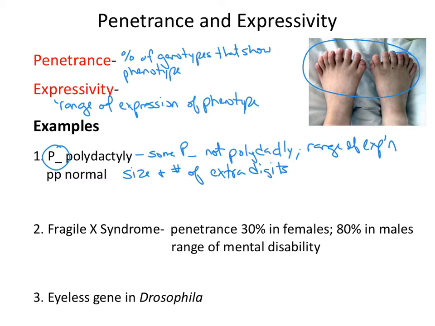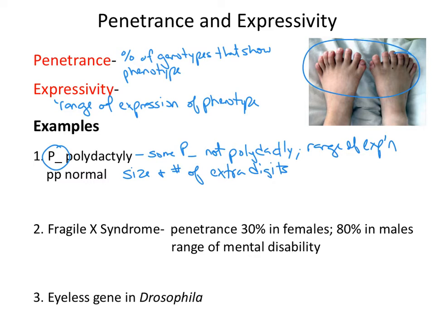So polydactyly shows both expressivity and penetrance. Some who have the dominant P allele don't have extra digits, and then there's a range. In individuals that have one dominant allele, there are differences in penetrance and expressivity.